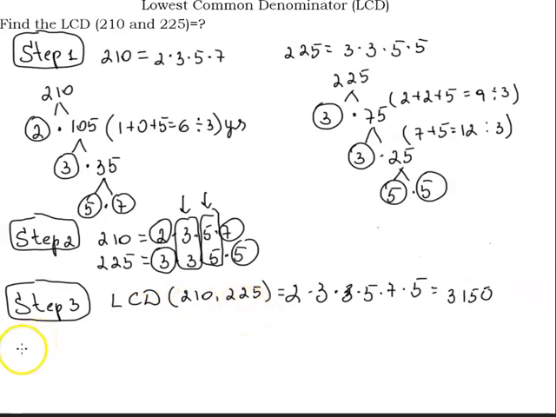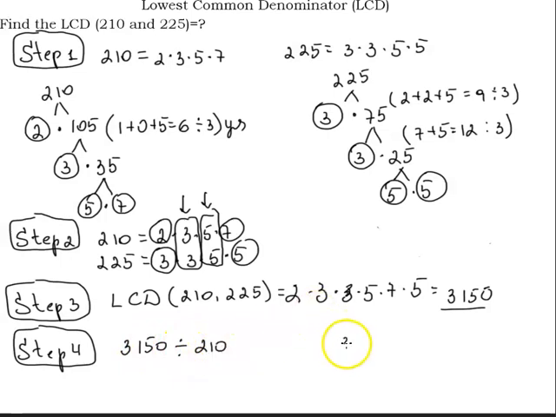And then in step 4, I will need to check and make sure that 3150 is a lowest common denominator. So make sure that 3150 is divisible by 210, and then that 3150 is divisible by 225.